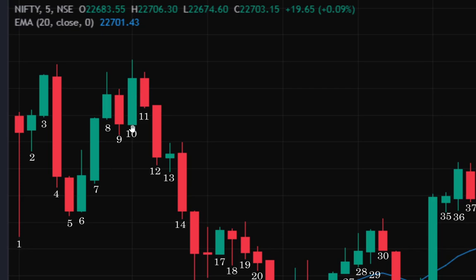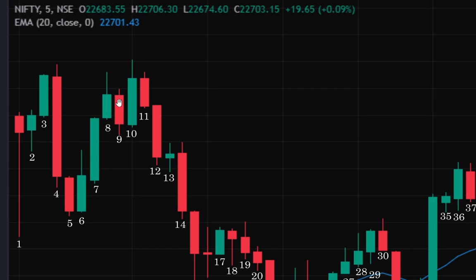Now this is bar 10, but this leg has not broken above bar 4, due to which this is not a leg for which we are looking for a second leg. Now you can see that this is a perfect double top.